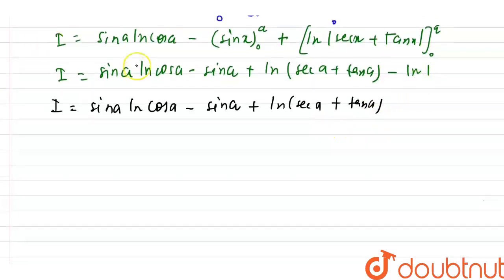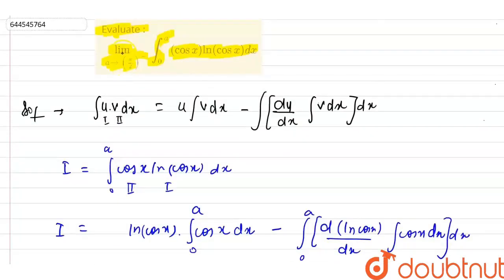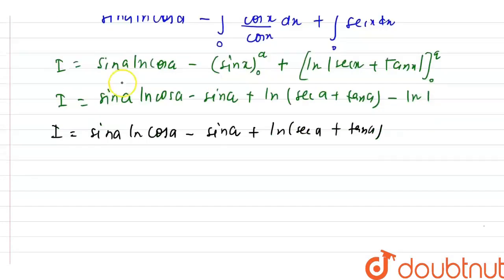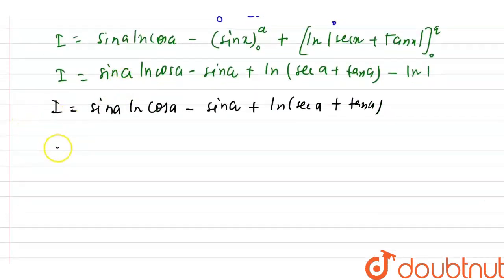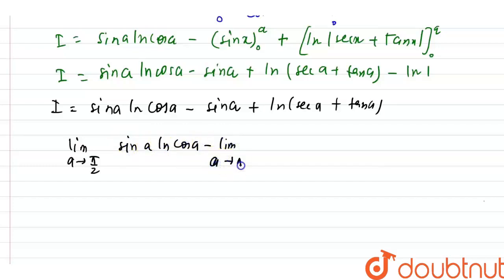Now, as the question said, we have to apply the limit a tending to pi by 2 here. So I'm going to apply the limit. It will be limit a tending to pi by 2 of sin a ln cos a, minus limit a tending to pi by 2 of sin a, plus limit a tending to pi by 2 of ln|sec a + tan a|, as it is.